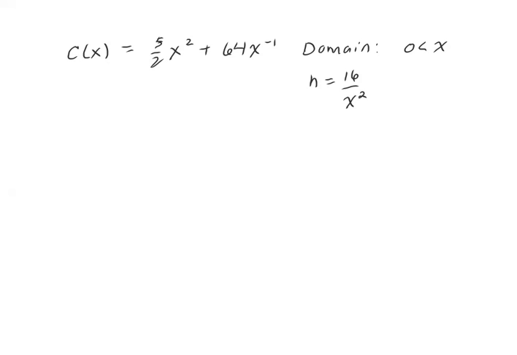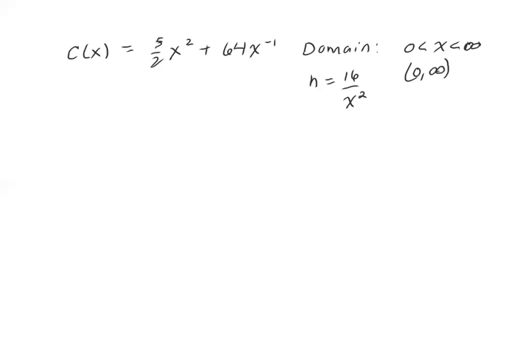As x gets larger and larger, I will still get a value for h. It may be a very small value, but I will still be able to find a value for h, no matter how large x gets. So x technically could be any positive real number. So its domain is 0 to infinity.